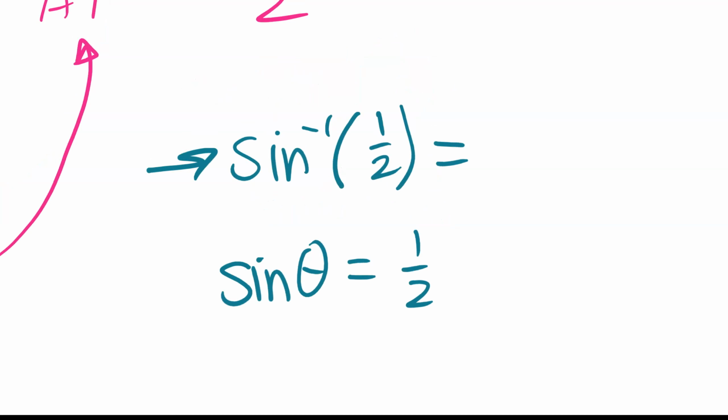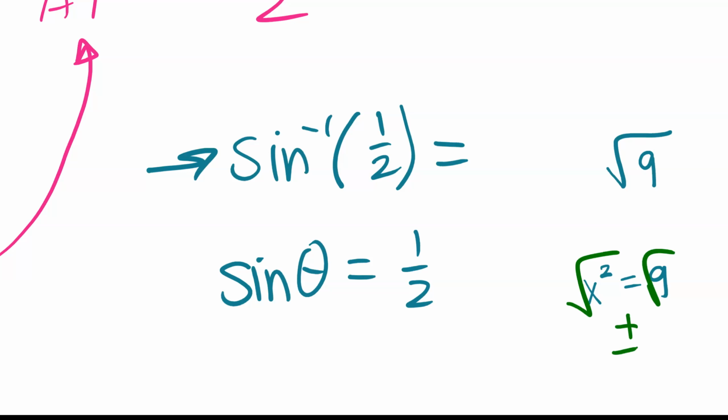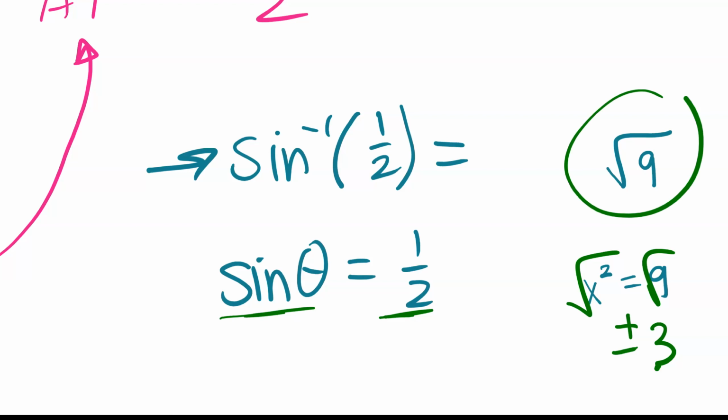All right, this is equivalent to taking the square root of 9 versus x squared equals 9. To solve the bottom one, you have to take the square root, and that's when you include plus or minus. So if I'm giving you sine of theta equals 1/2, there's technically 2 solutions where this is true. But if I give you the radical to evaluate, you only say the positive one.